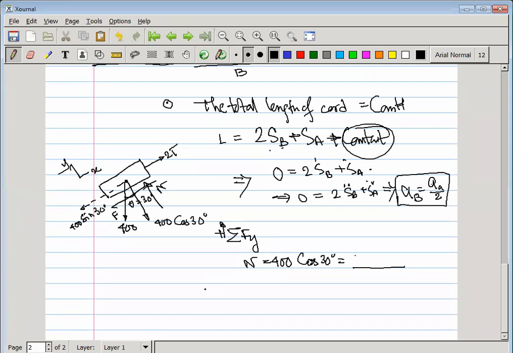Another thing is that along X, the summation of Fx is equal to 0, which is the normal static condition.